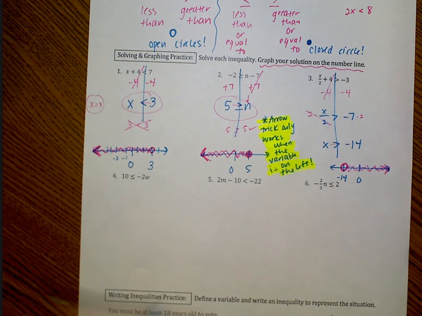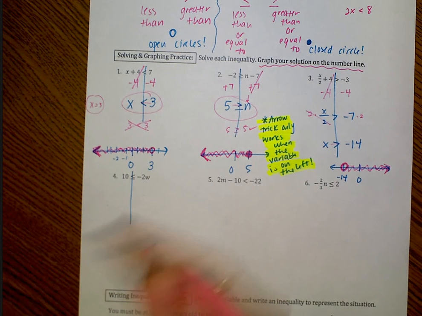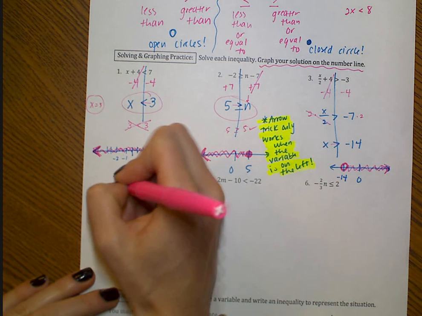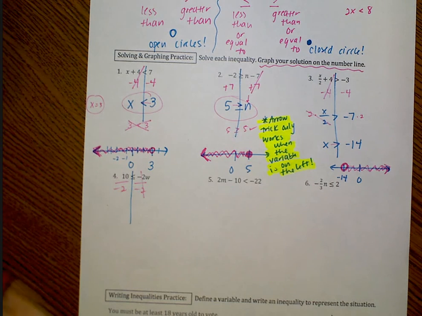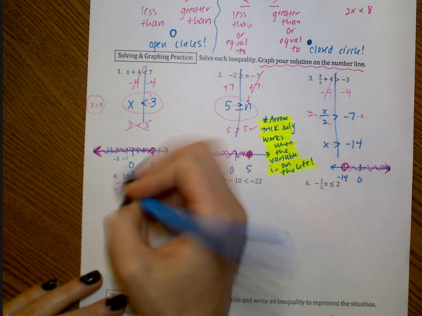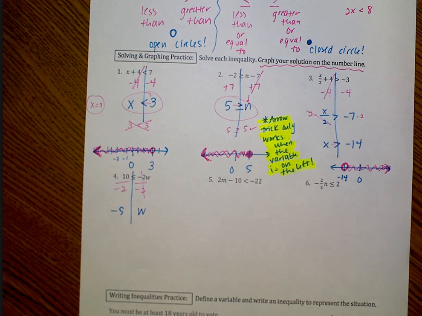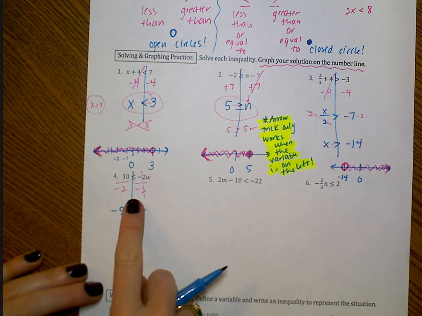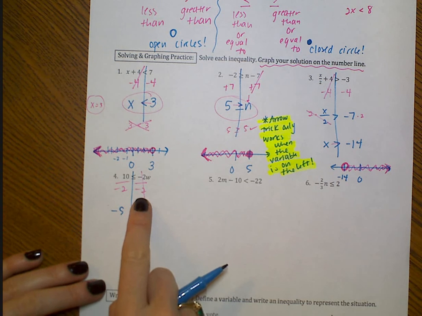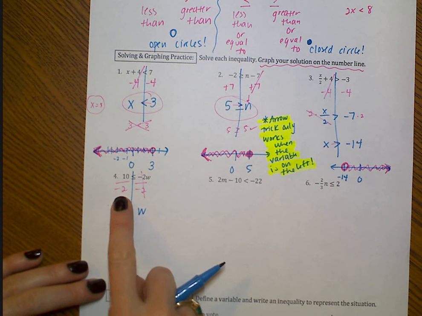Okay, the next one. To get w by itself, I need to divide by negative 2. Okay, the only thing that you guys have to remember really is a problem like this. If you multiply or divide both sides by a negative number, you have to flip the sign.